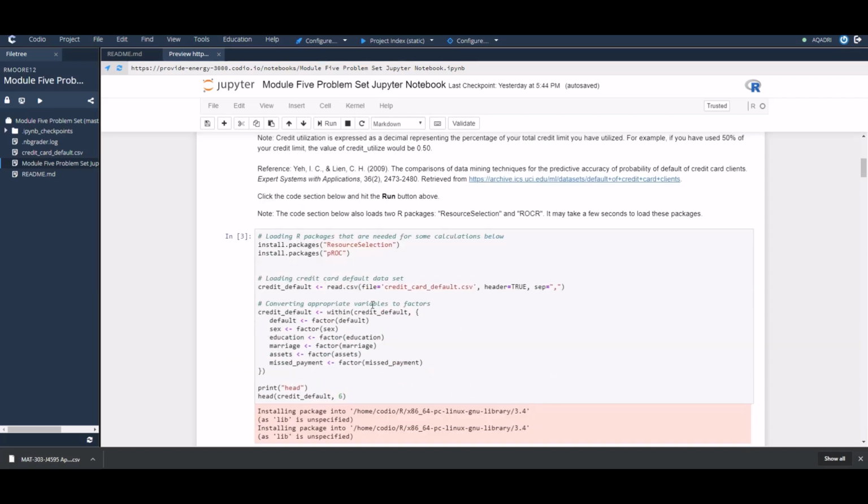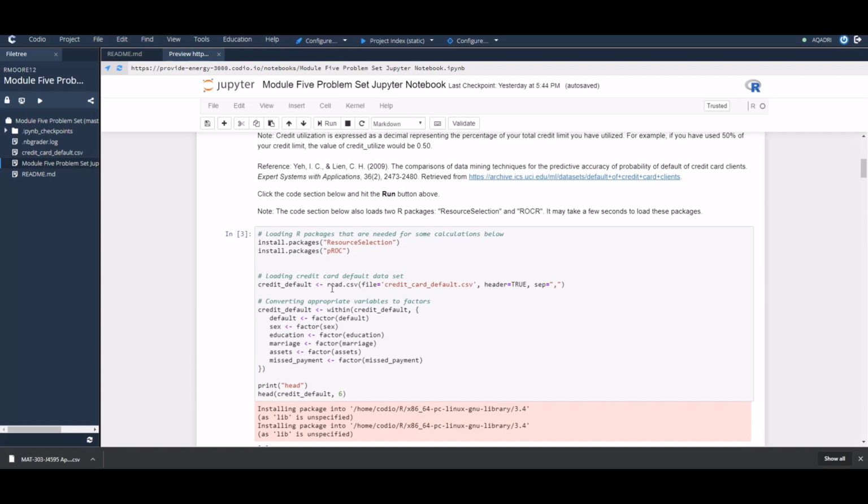So let's look at the first step. In the first step, we're going to install two libraries that we're going to use in this assignment prep. Just think of them as new libraries that we're going to install each time we run step one. And once they're installed, we will be able to use them in the upcoming steps. This step is pretty much the same as what we have been studying.